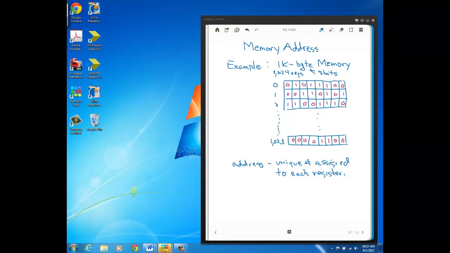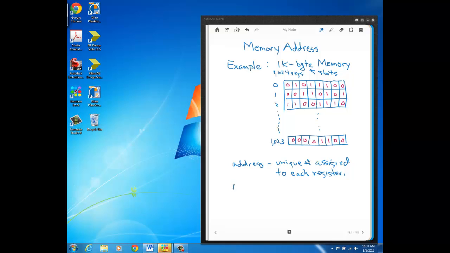Well, these would be the base 10 addresses, but as you know, in the digital world we deal with base 2, so on a circuit board or in a digital circuit, these addresses are represented by zeros and ones. So one way to find the number of bits that you need in order to have enough for your maximum address is you just find what whole power of base 2 gives you the number of registers.